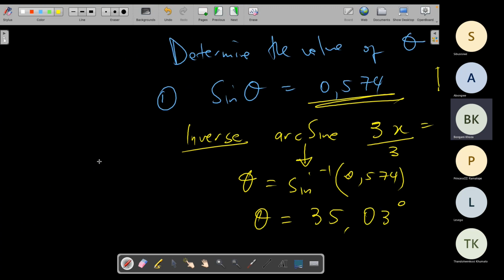So right now we can reverse this and ask what the value of sine of 35.03 is. Remember, you have rounded off, so it won't give you this exact value. So what do we get there?